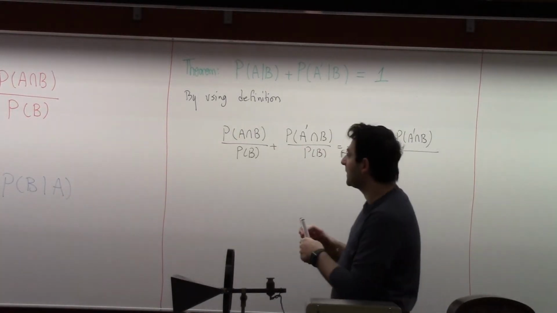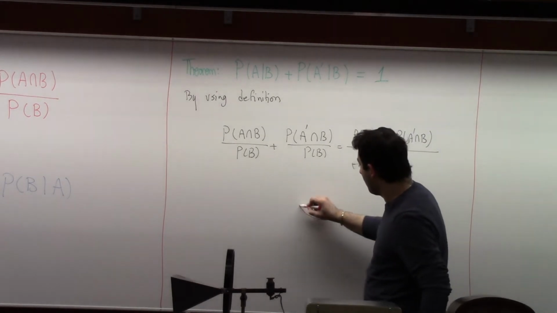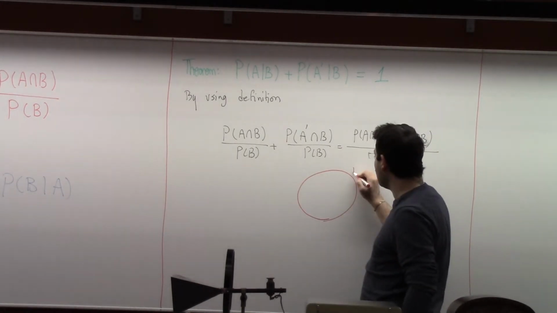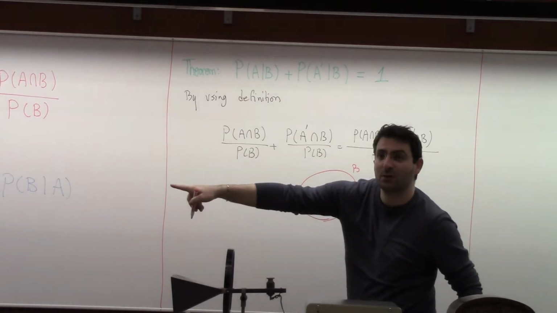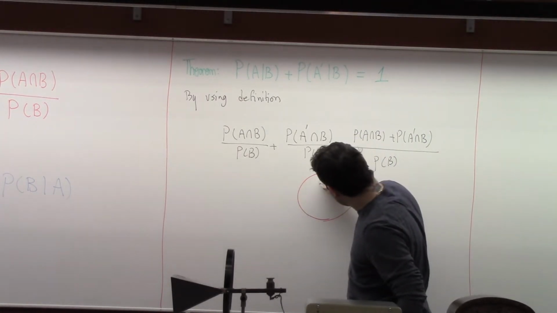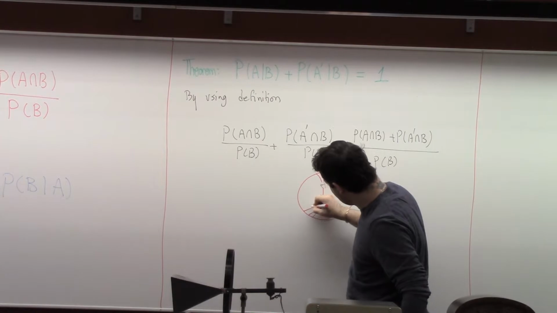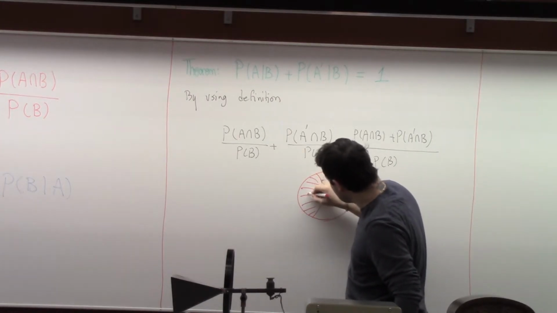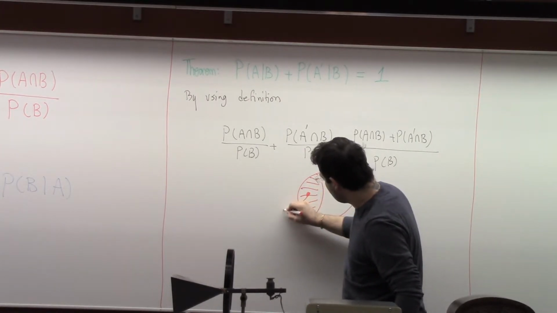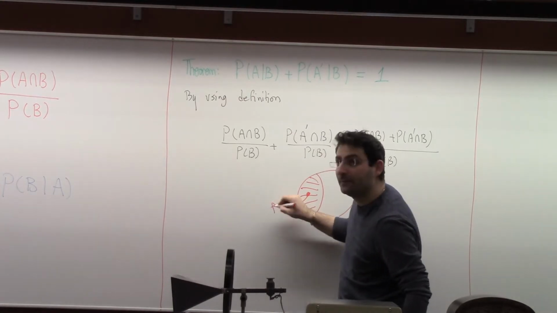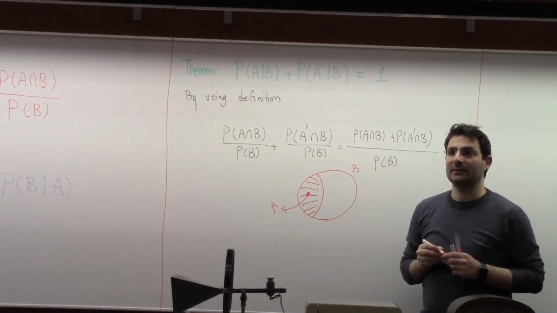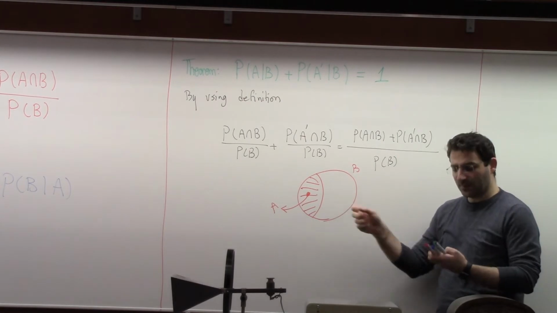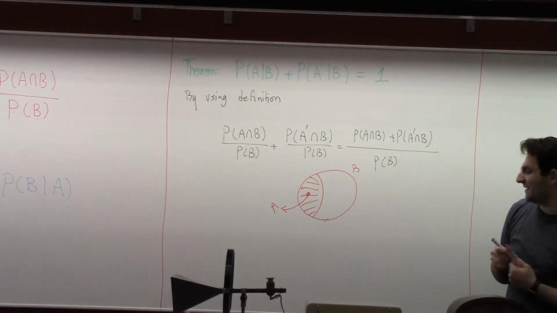For one second, please look here. This is B, and we have A also like this, which is intersecting. So this part is A, right? What can we say about this part? This is A prime.